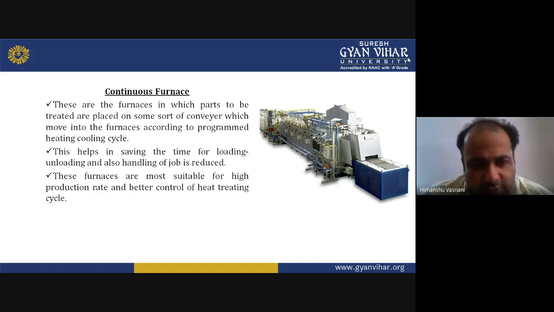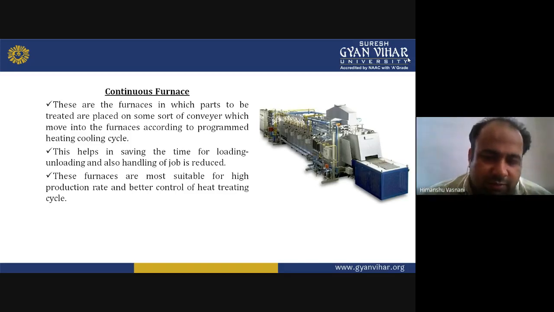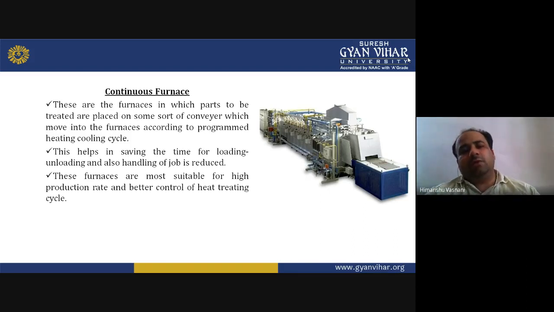Let's study about the continuous furnace. These are the furnaces in which parts to be treated are placed on some sort of conveyor. Here you are using a conveyor belt which moves into the furnace according to the programmed heating and cooling cycle. This means these furnaces have a programmed procedure in which the heating and cooling of the parts is done automatically as per the program.